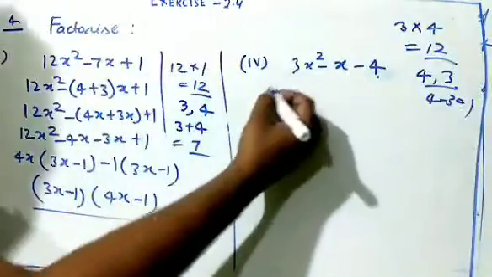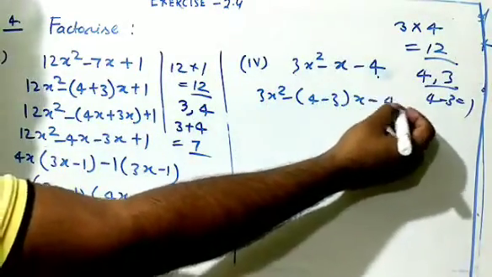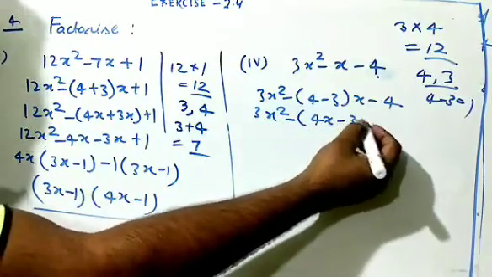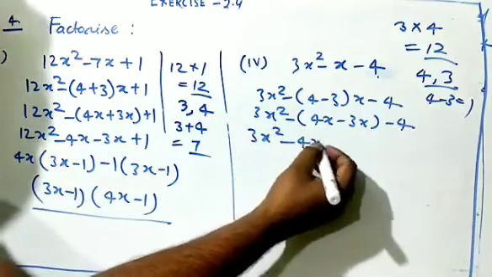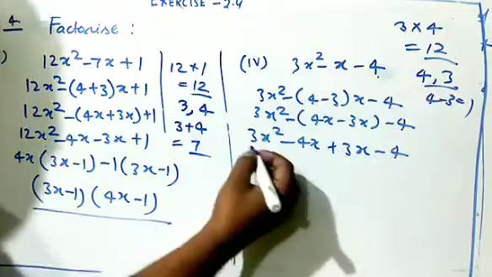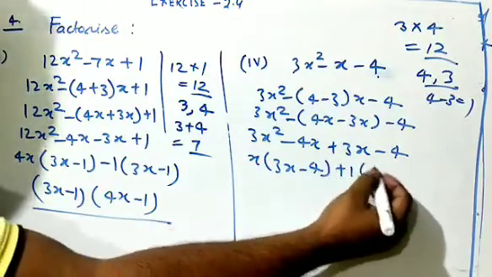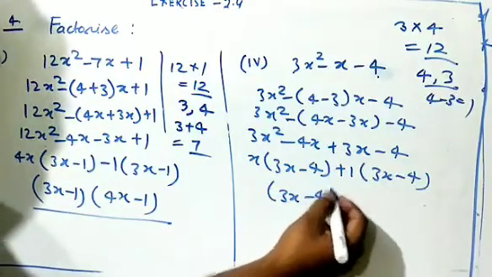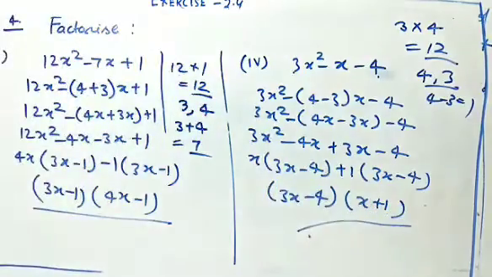So write down 3x square minus 4x plus 3x minus 4. 3x square, x multiplied by 3x minus 4, open a bracket, minus 4, it will be minus into minus plus, 3x minus 4, x is common, 3x minus 4, plus 1 is common, 3x minus 4, both have the same common factor, 3x minus 4, and remaining x plus 1. So these are the factors.